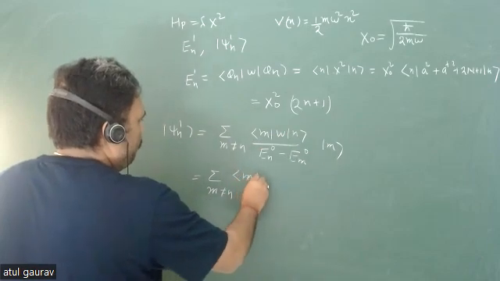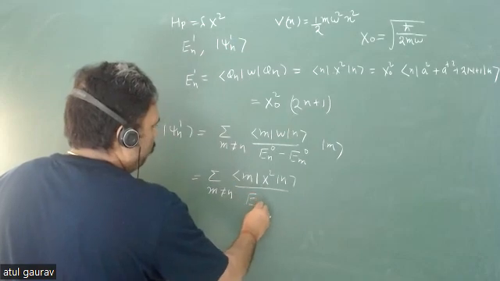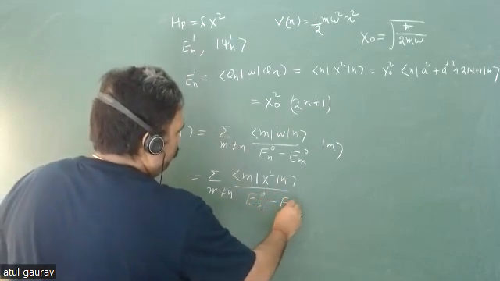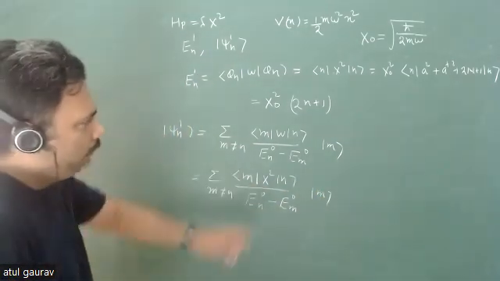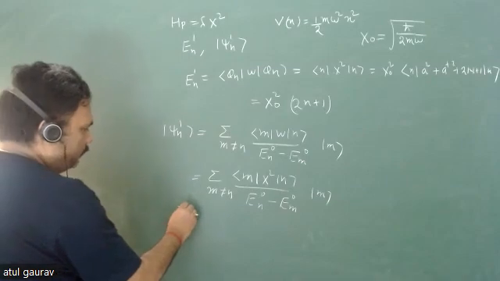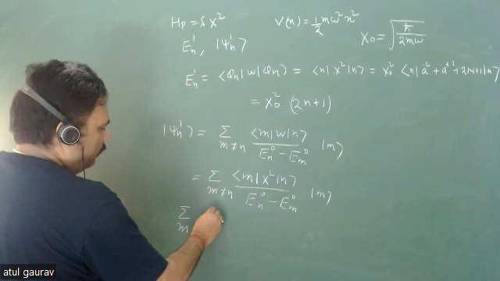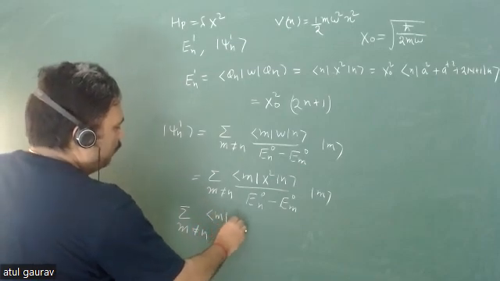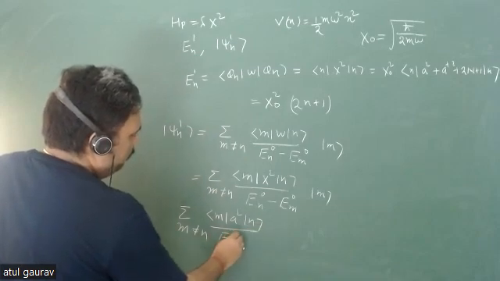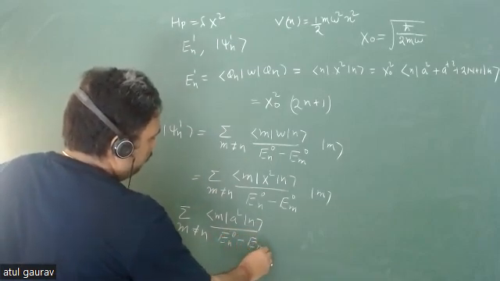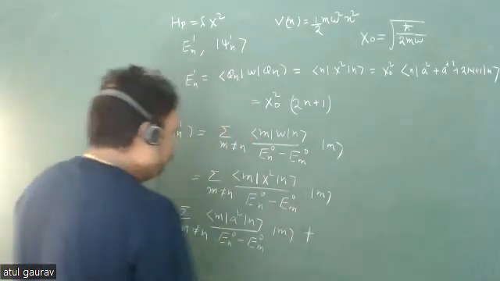So this will be <m|x square|n>, and we have to go for En0 minus Em0 and |phi m>. And now when we will go for x square, then this term is equal to summation over m not equal to n. The first term is <m|a square|n> over En0 minus Em0 |m>. What will be your second term?